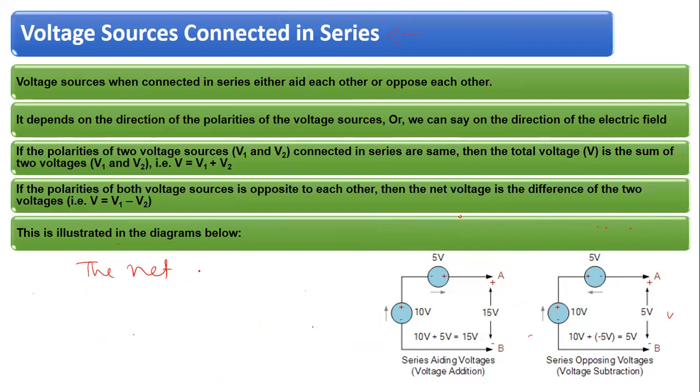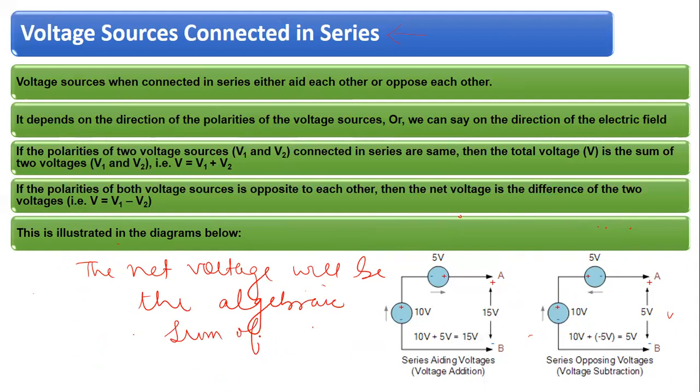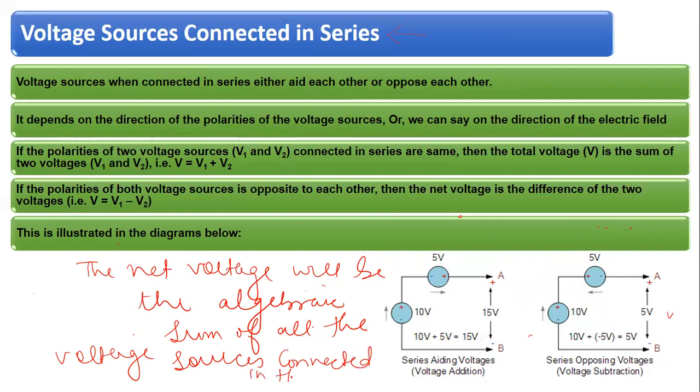I won't use the word total voltage. The net voltage will be the algebraic sum of all the voltage sources connected in that branch, right? Okay, so the whole story is mentioned here in these lines, you can read.